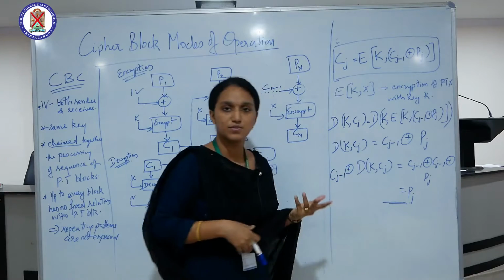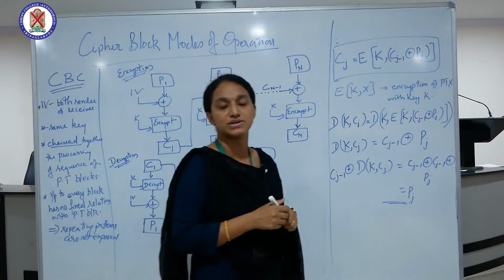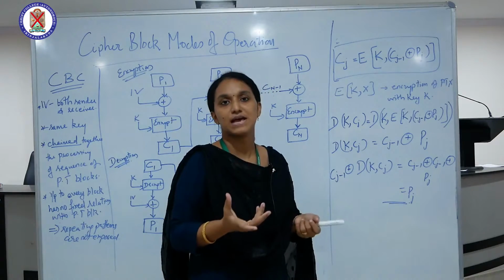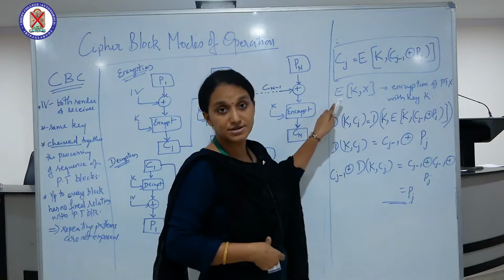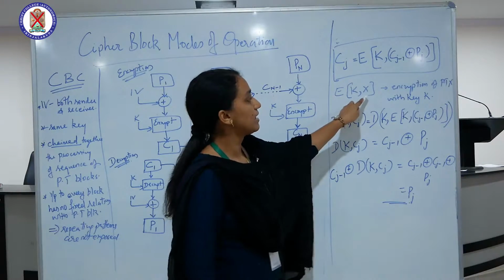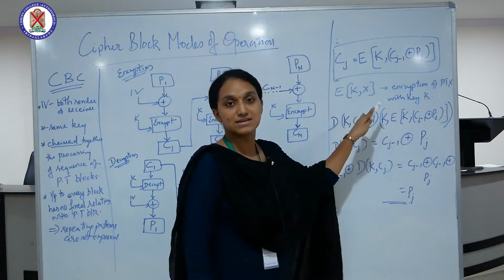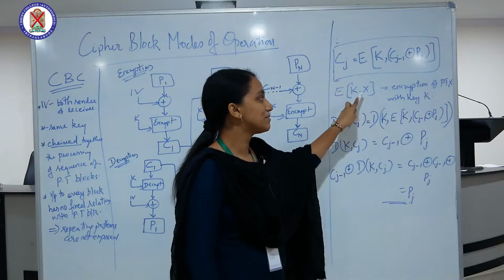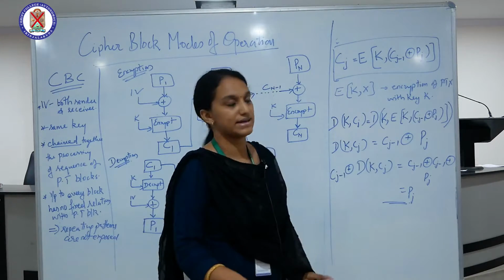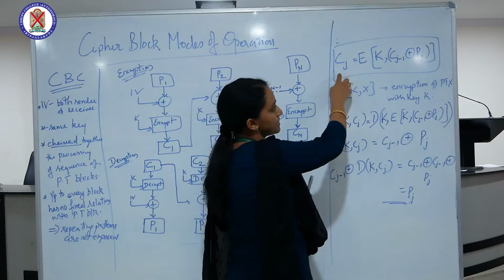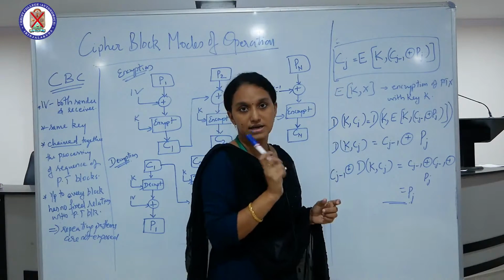We have already written such equations. In encryption, what is happening? The function can be written as E of k, x, where k is the key and x is the plain text. This is the encryption equation.